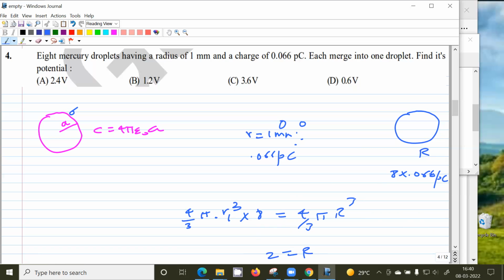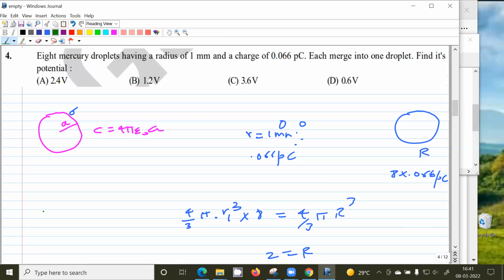So what is the value? Nine into 10 to the 9 only, no, sir. That K value. Yeah. I'm getting as 1.8, sir. Not the right one. 9.3, sir. 27.